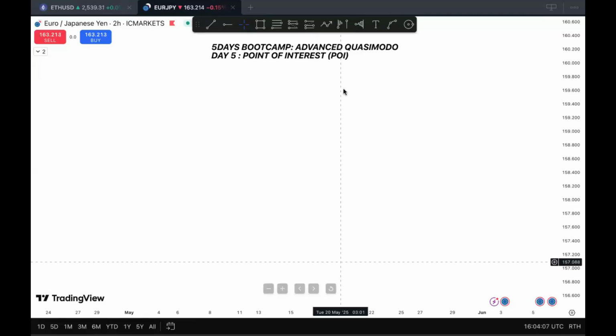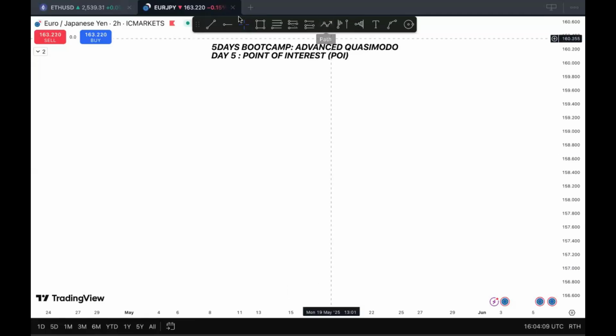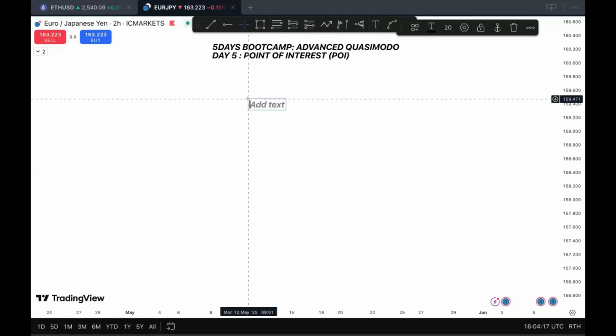Okay, but before then, I just want to show you something. We have two types of Quasimodo before I get to the POI. Let me just quickly show this. There are two types of Quasimodo.